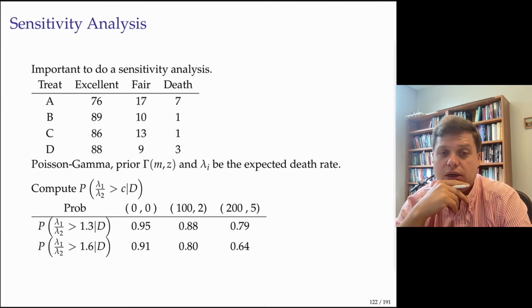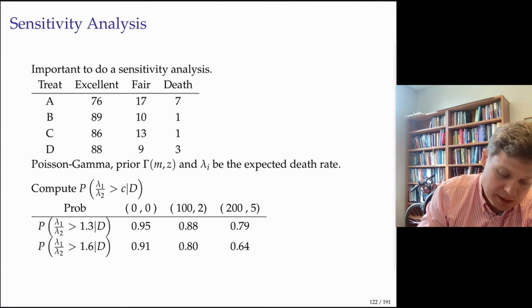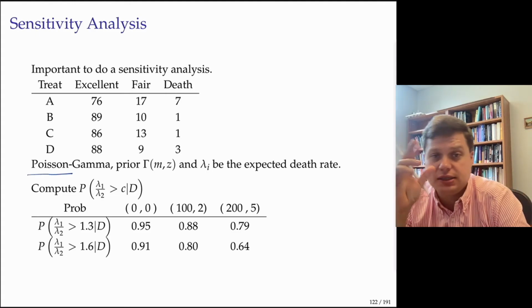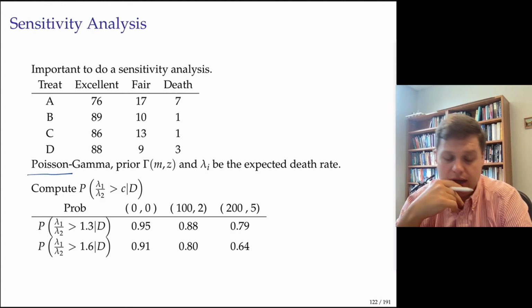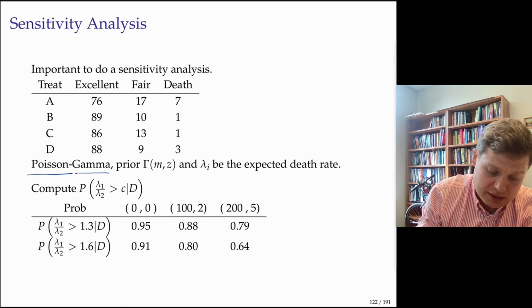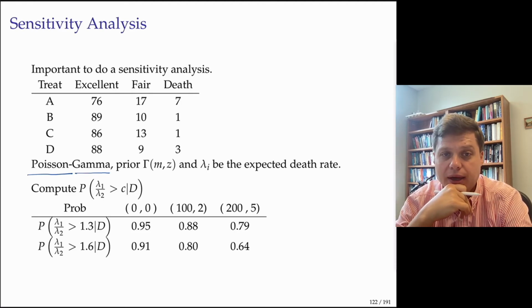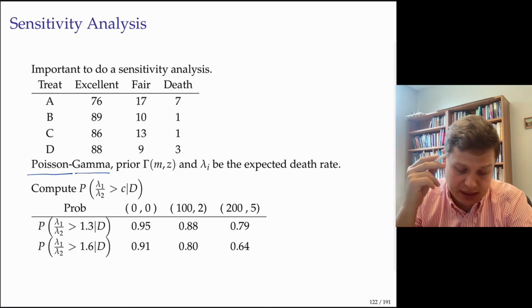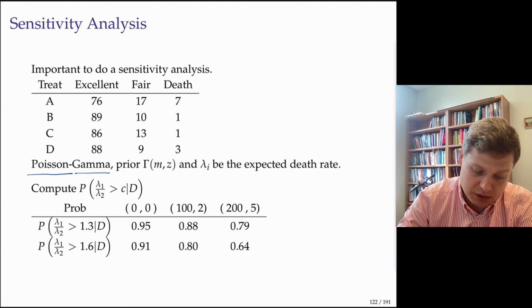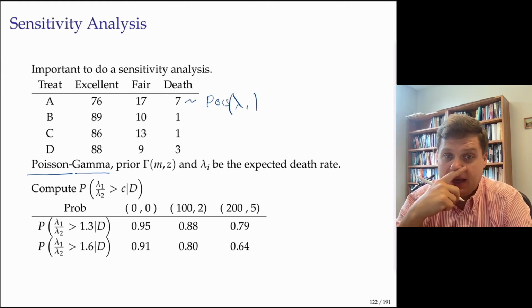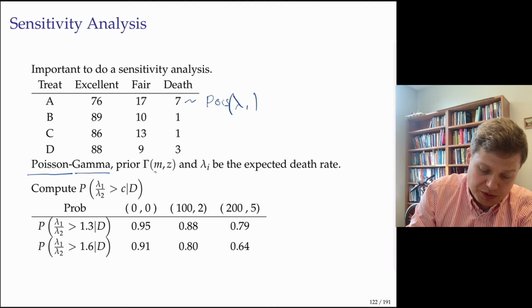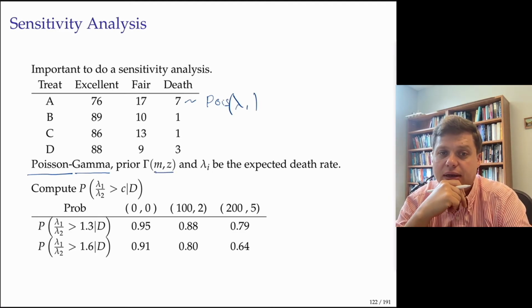In this case, we try a different likelihood, we'll try the Poisson likelihood. And for us to get the conjugacy case, we're going to switch also the prior, instead of the beta we're going to be using the gamma prior. It is the same data set that we're going to analyze, but now we're going to assume that the death rate follows a Poisson distribution parameterized by lambda, the rate, and we're going to choose the prior gamma with some hyperparameters m and z.